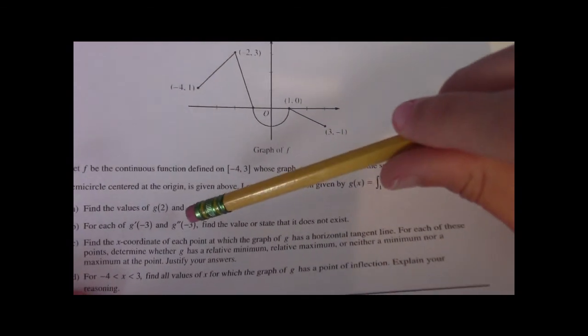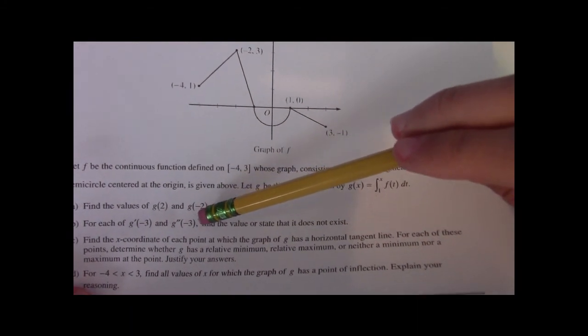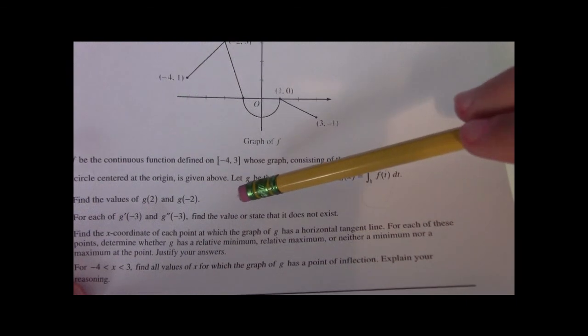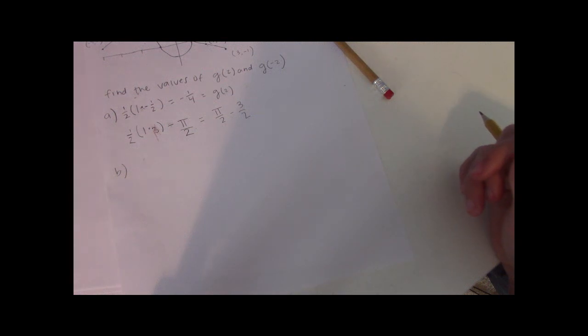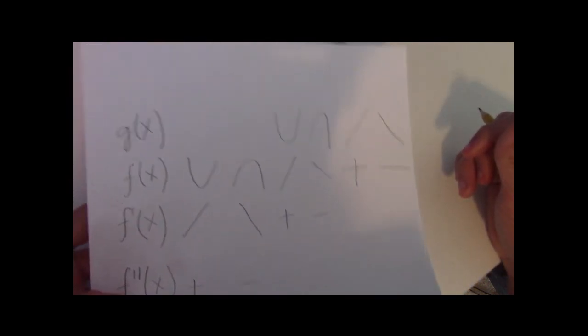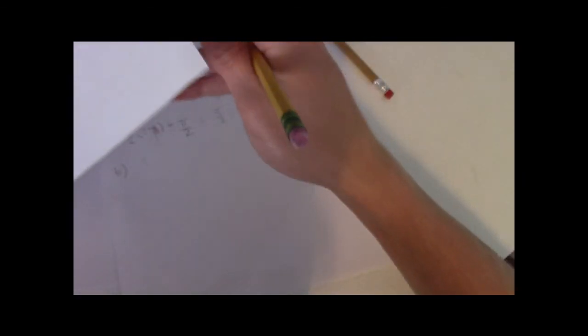So part B asks you to find g prime of -3 and g double prime of -3, or state that it doesn't exist. So we know that when you're given g, that means it's the antiderivative of the function that you're given.